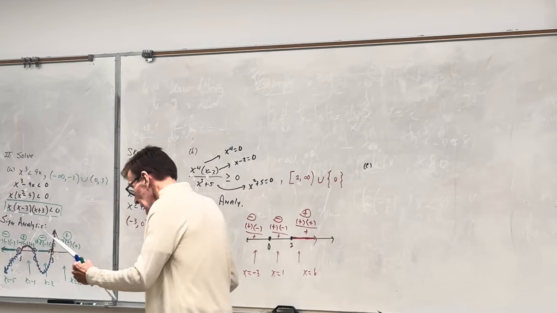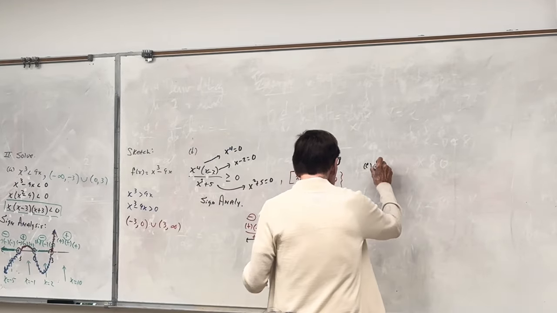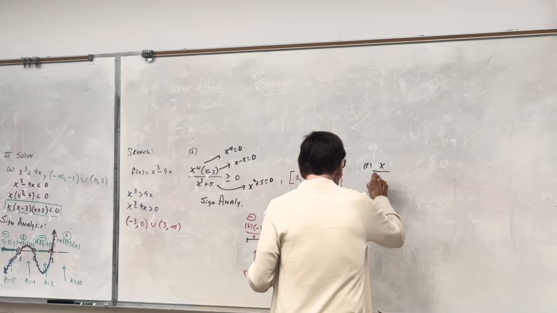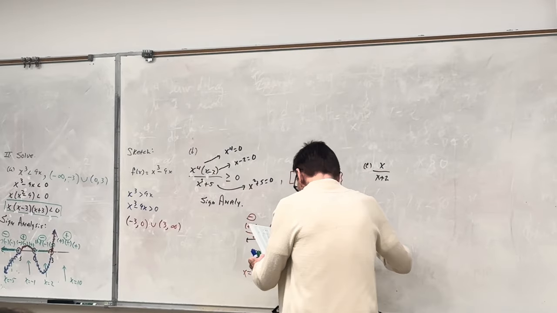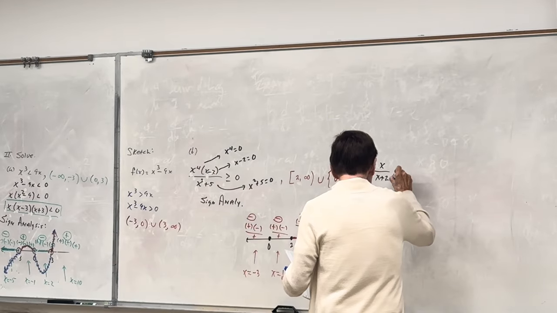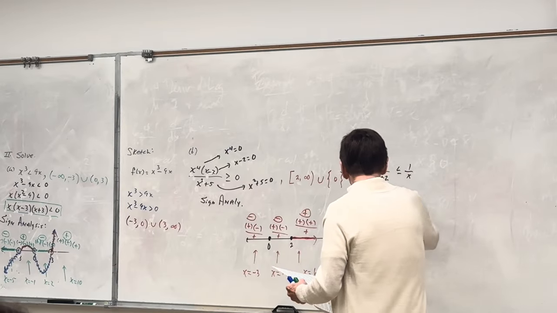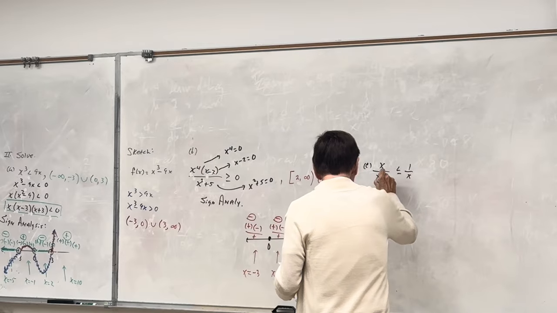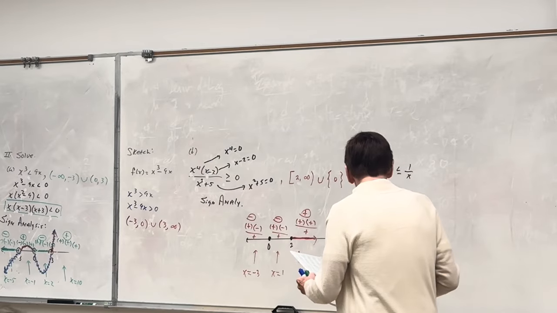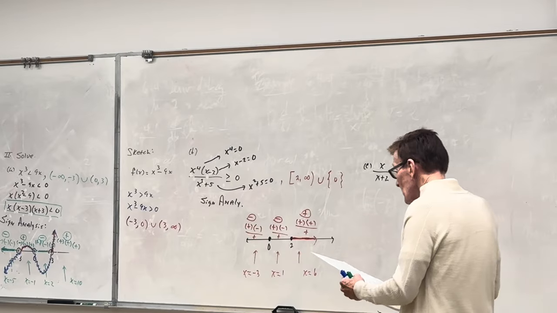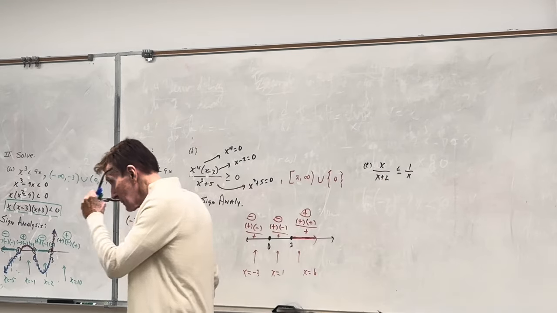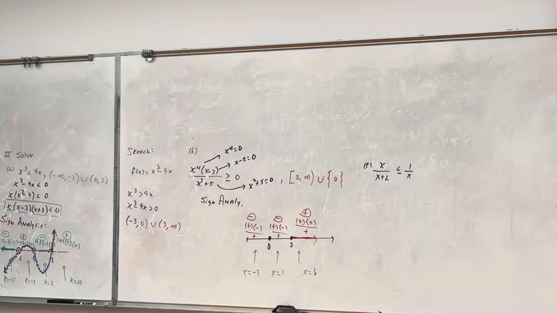Show the interval notation. x over x plus 2 less than or equal to 1 over x. The last example, we'll go back into functions.